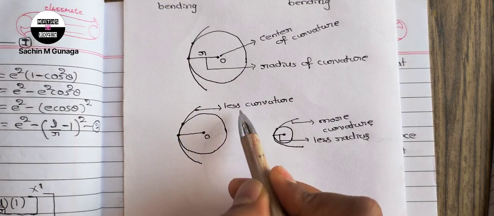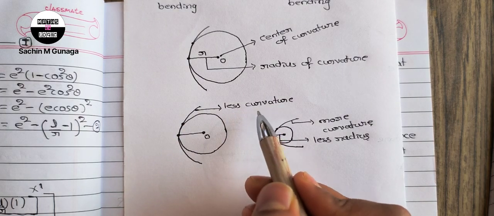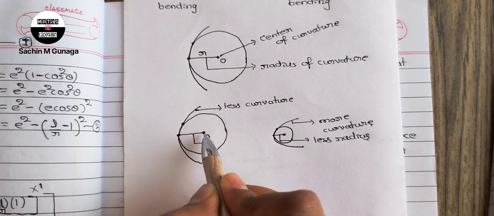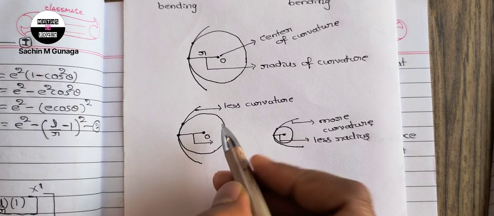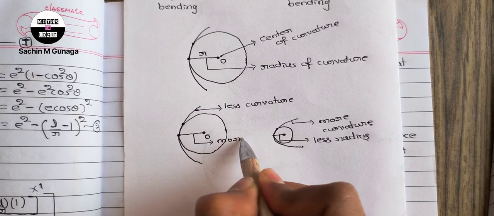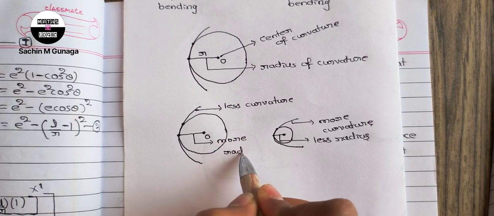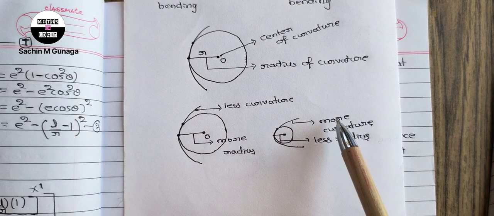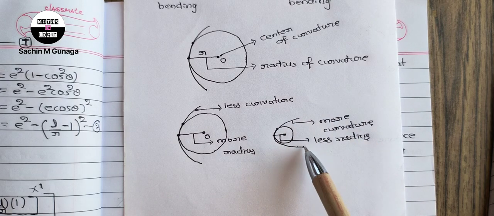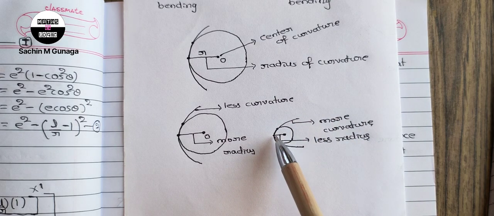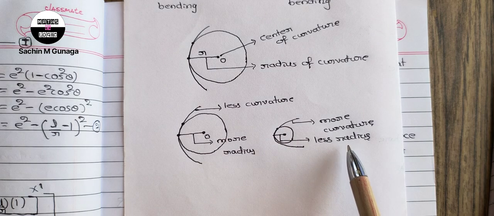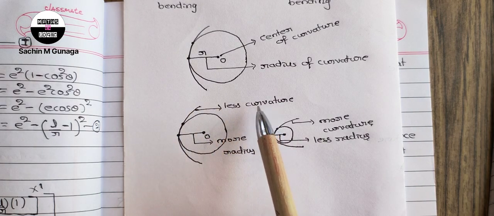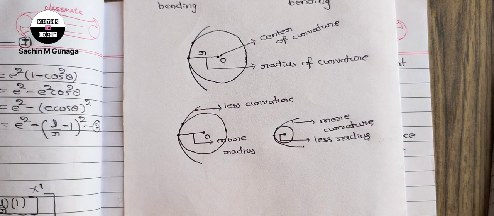So this is the curve which has less curvature, and you can see it has more radius. So please remember this: if curvature is more, then it has less radius, and if curvature is less, then it has more radius.